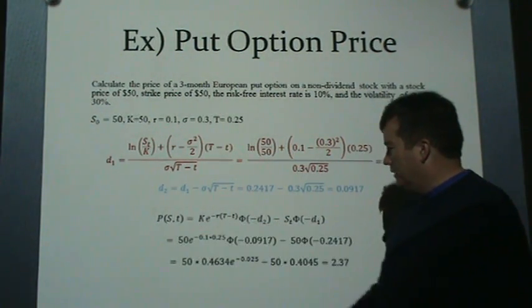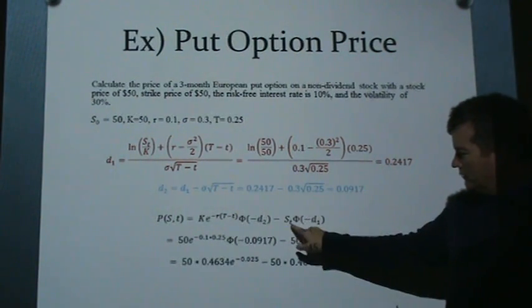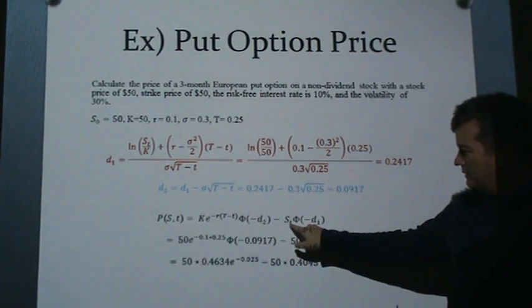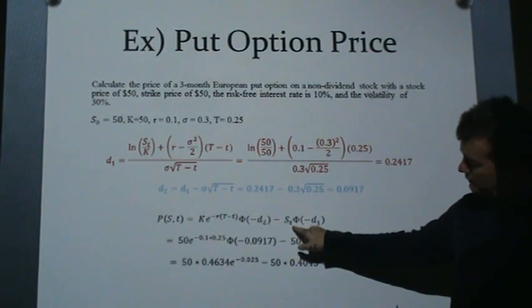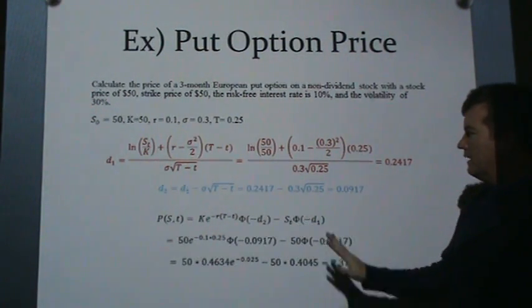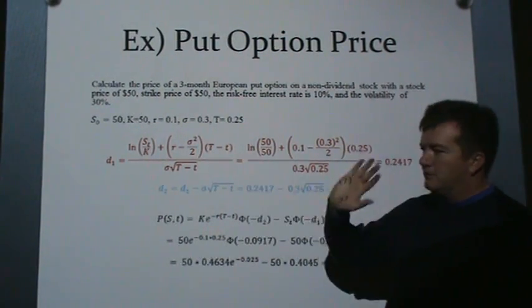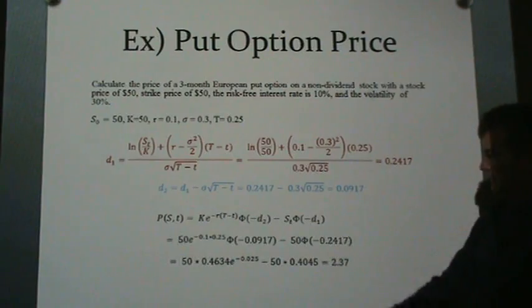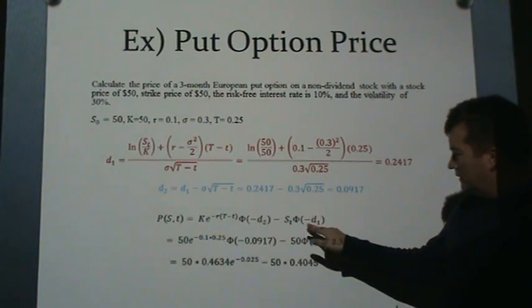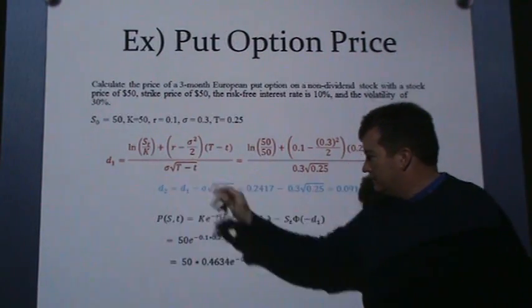Then we subtract the stock price at the current time. In this formula, little t is the current time and big T is the expiration time. So the current stock price times the normal distribution evaluated at negative D1.